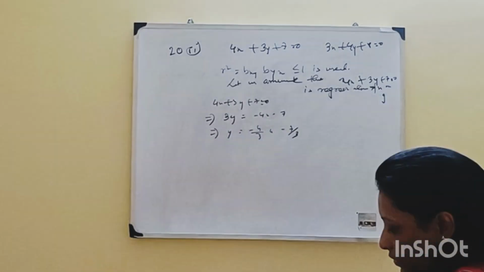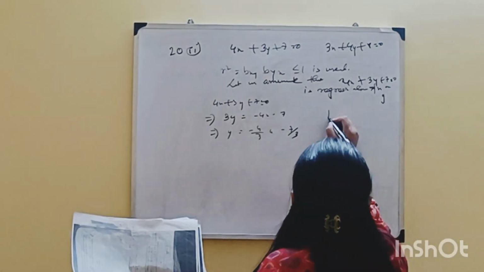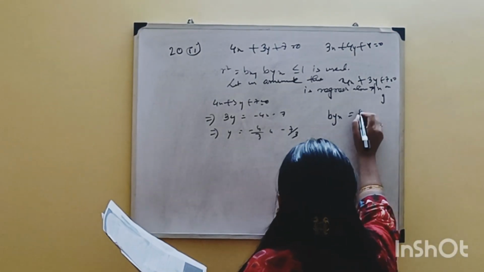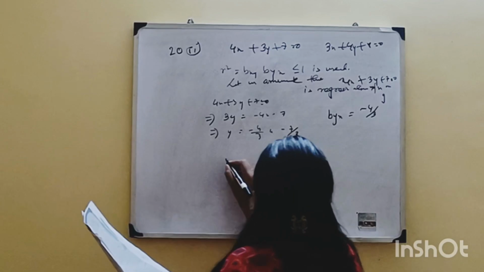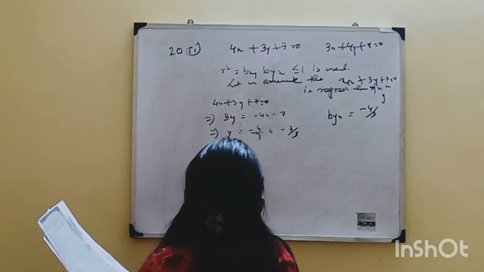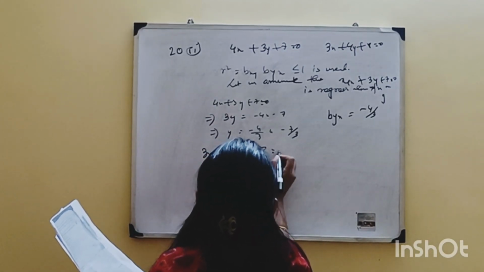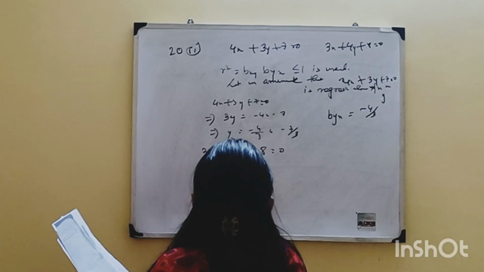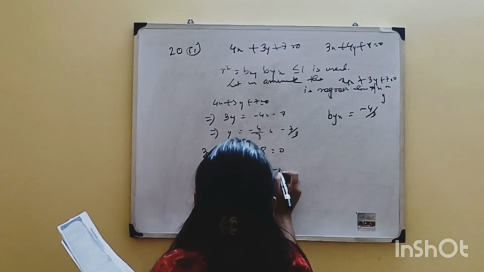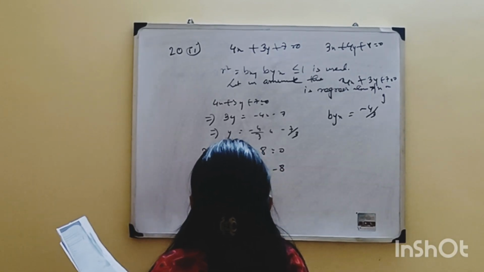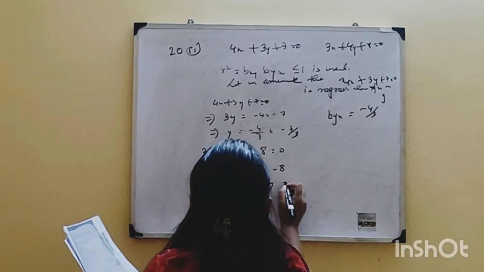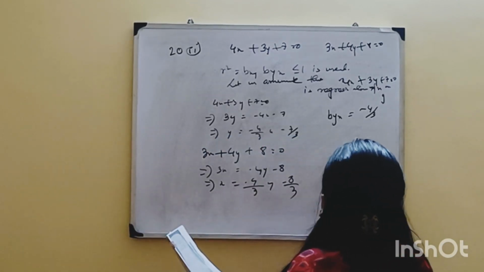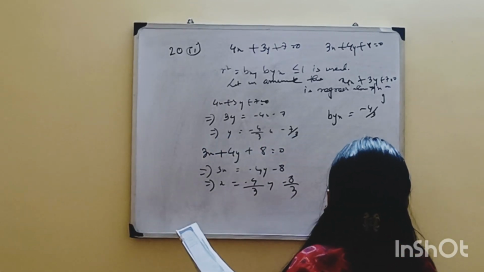So minus 4 by 3 is the value of byx. And the other equation 3x plus 4y plus 8 equals 0. So 3x equals minus 4y minus 8, so x equals minus 4 by 3 y minus 8 by 3. So bxy is equal to minus 4 by 3.